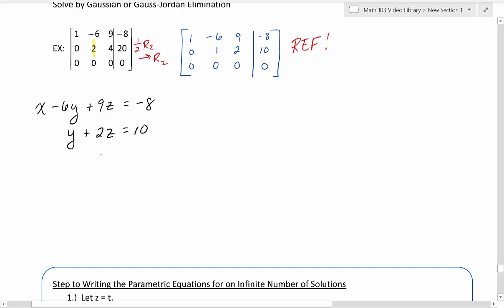And our final equation is 0 equals 0. Now we've seen some before that gave a false statement, 0 equals 4. But this one here gives a true statement. 0 does equal 0. Anytime we're solving any kind of equation and we end up with a true statement, that means that there is an infinite number of solutions.